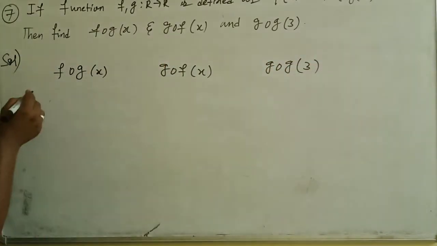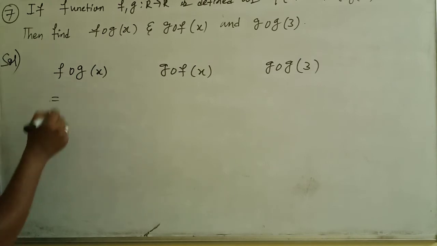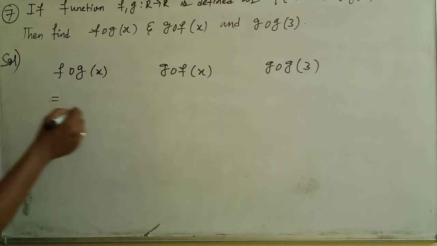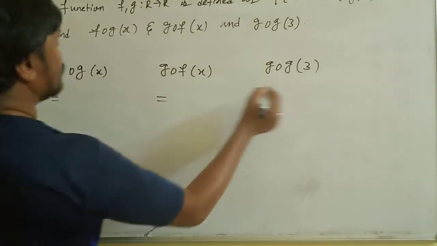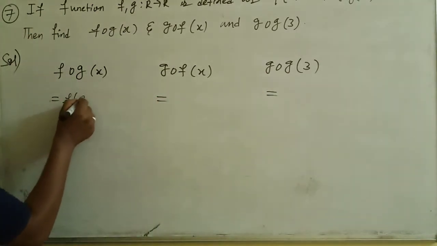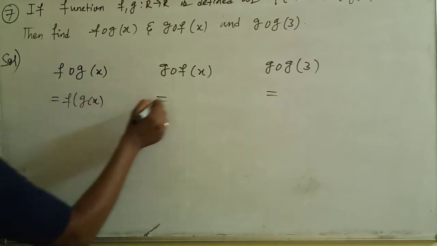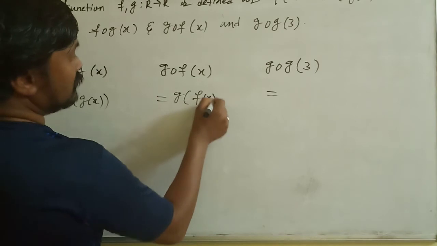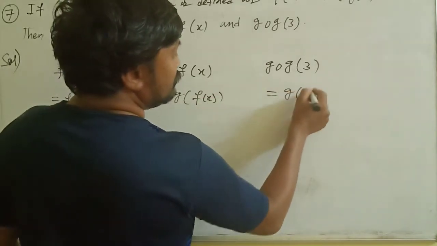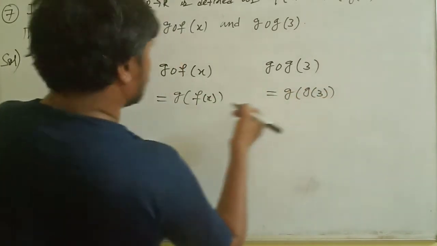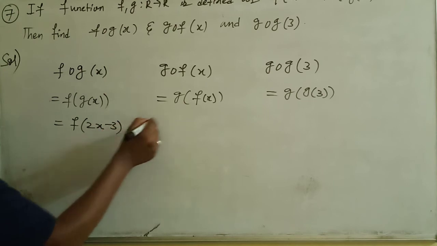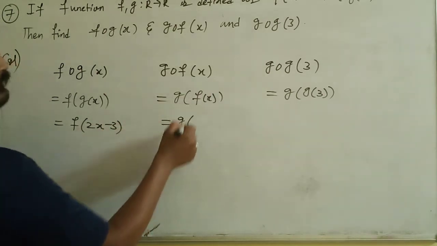It's like your previous, I think your fourth problem, so let's move on to solve how we can solve this out. So f of g of x, g of f of x, and g of g of 3. Now f of what is g of x? g of x is 2x minus 3, and here g of what is your f of x?